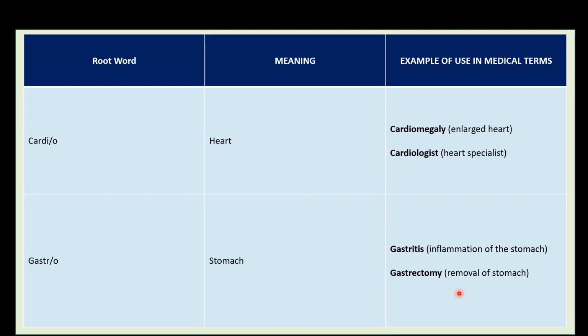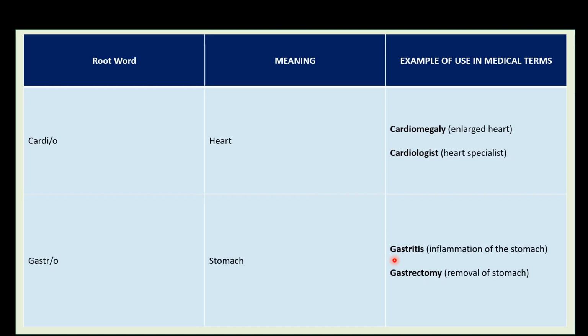That's why I explained suffix and prefix together in a sequence, and then we are talking about the root word. Because of this there is one advantage: now you can easily find out the meaning of these words, like itis. You know about itis, you know about ectomy, and it also helps us recall things on time. That is why we are covering the root word after completing the suffix and prefix, so that you can easily relate the things.